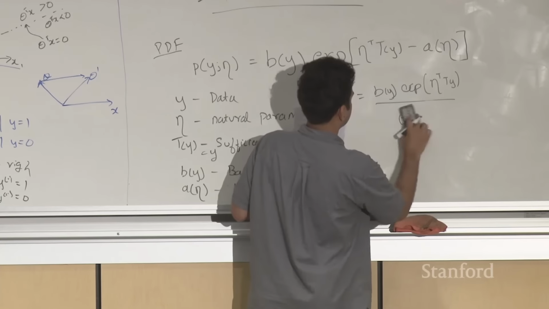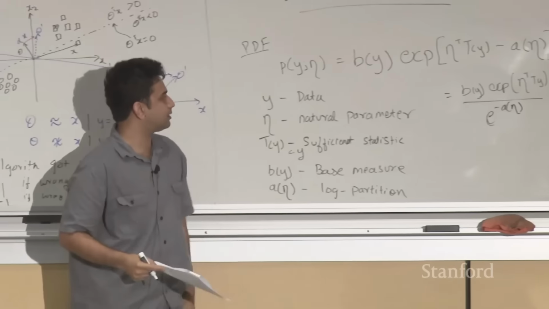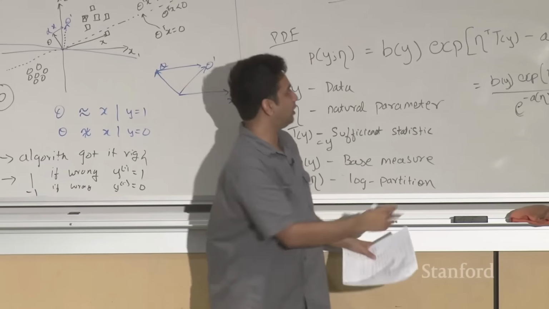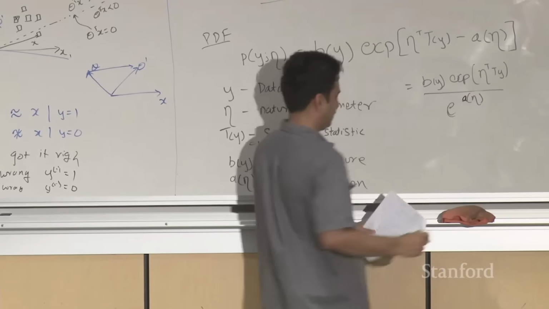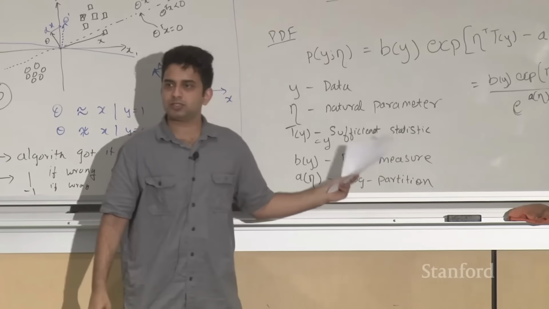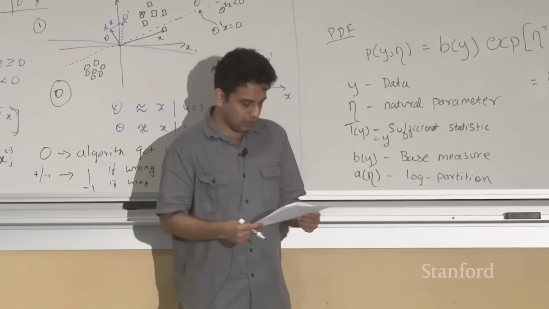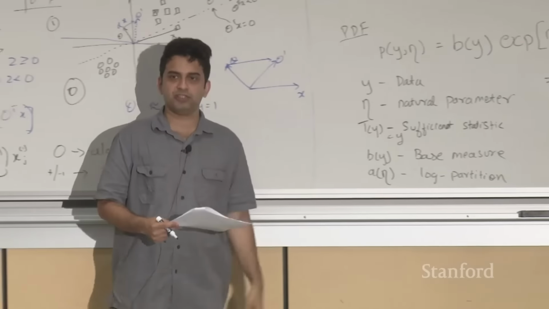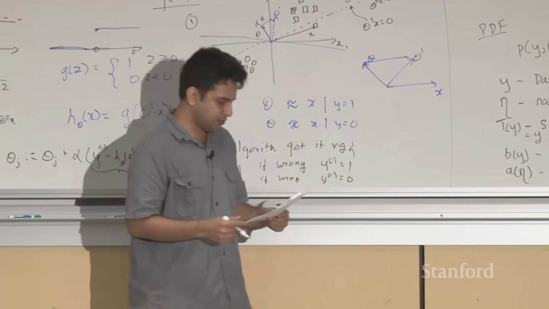Yeah, you're right, this should be positive. Thank you. So you can think of this as a normalizing constant of the distribution, such that the whole thing integrates to 1, and therefore the log of this will be A of eta. That's why it's called the log of the partition function. The partition function is a technical term to indicate the normalizing constant of probability distributions.